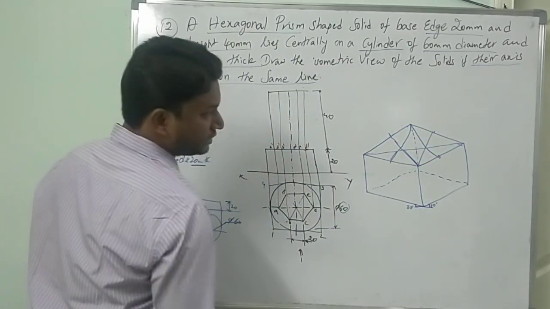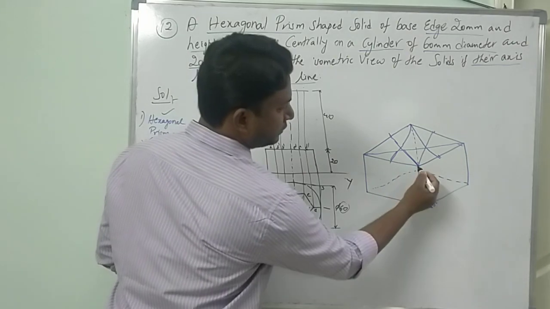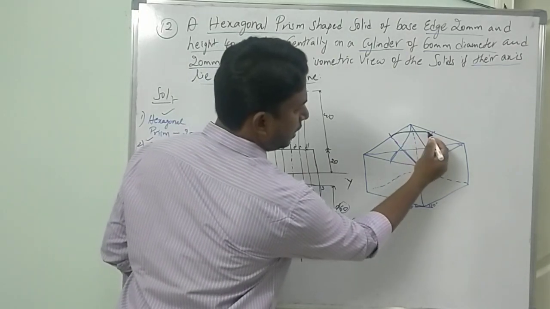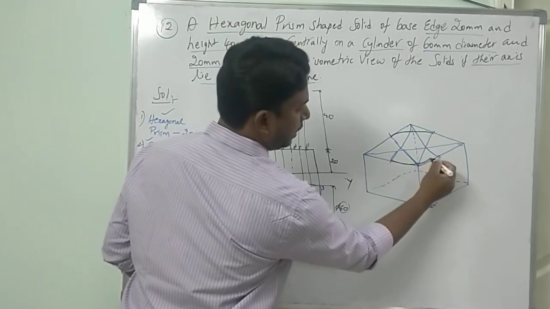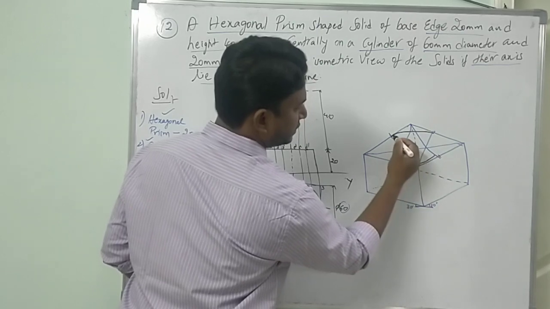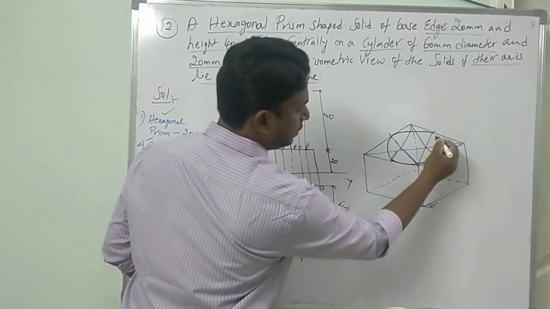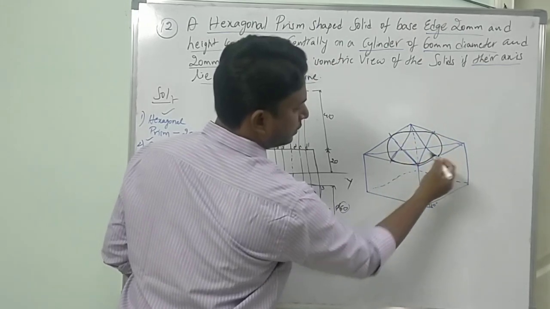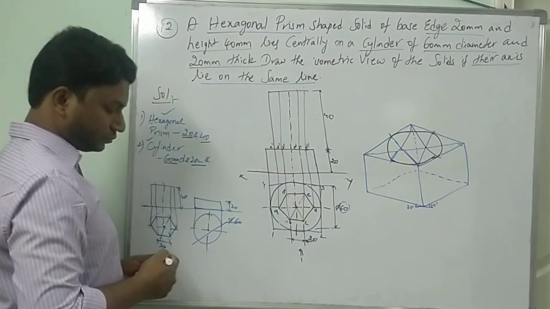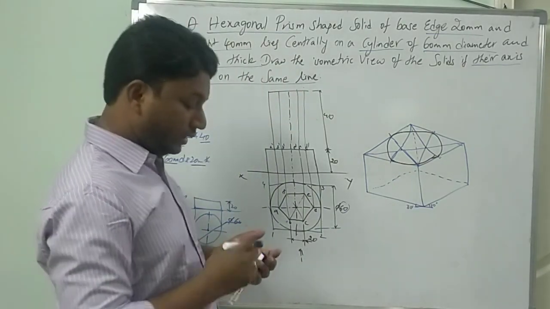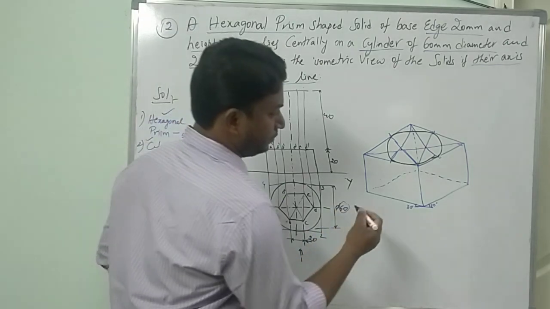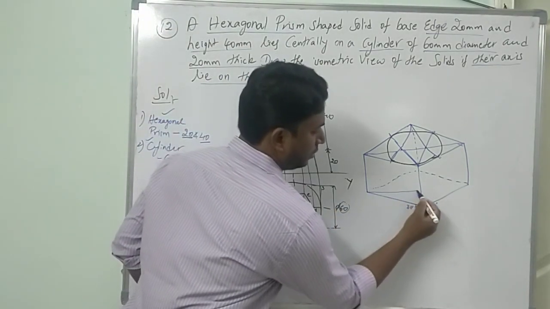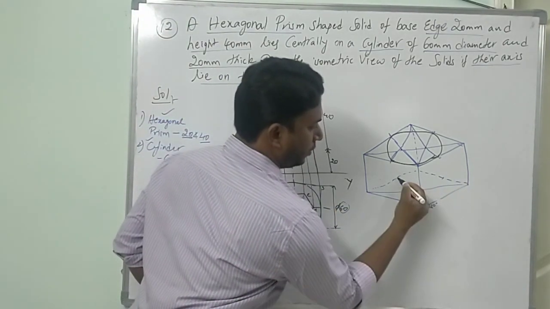After constructing this, we are supposed to draw the arcs from the shorter diagonal to the opposite arc, and here an arc with the newly formed center, arc, and one more arc. The same thing has to be constructed for the bottom also, right? Same longer diagonal, midpoints.